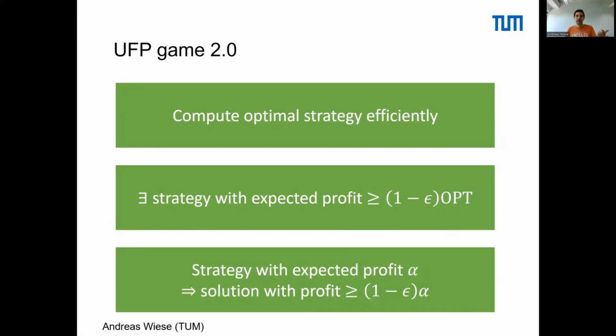So now, as before, we can argue we can compute the optimal strategy efficiently. It will have a profit in expectation of essentially opt. And now with the last routine, we can turn the strategy back into an actual solution for our instance, whose profit again is essentially the same as opt up to a factor 1 plus order epsilon.